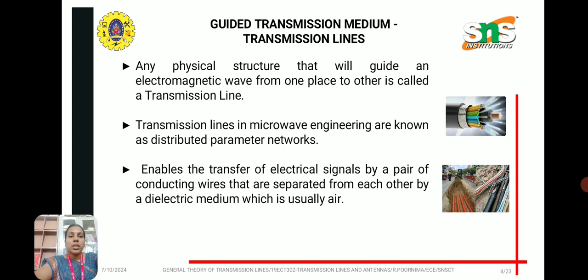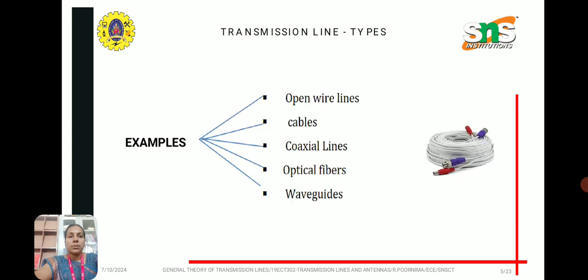It enables the transfer of electrical signals by a pair of conducting wires separated from each other by a dielectric medium, which is usually air. Examples are open wire lines, cables and coaxial lines, optical fibers and waveguides.